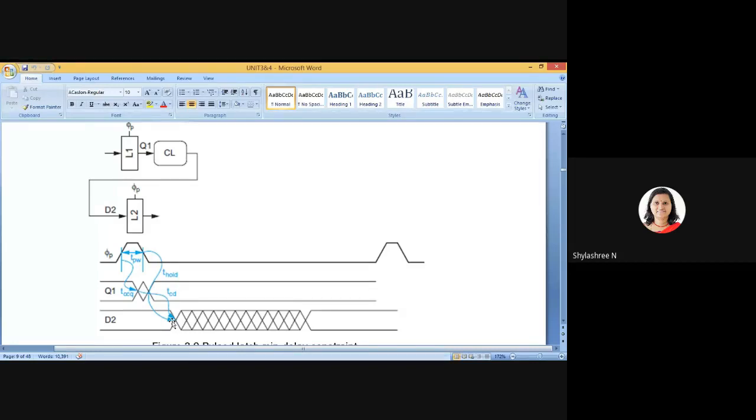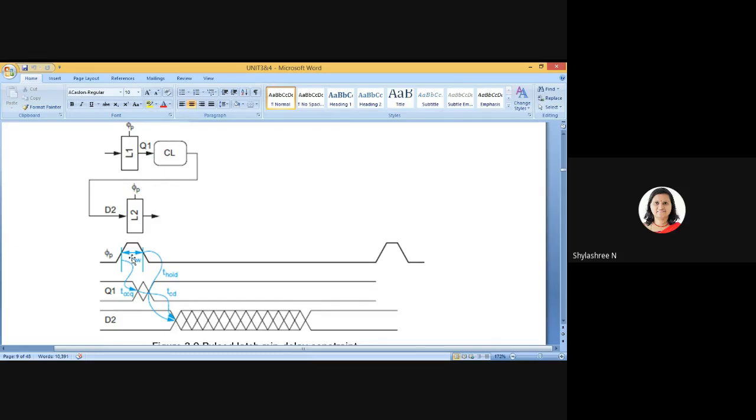The pulse width effectively increases the hold time of the pulsed latch as compared to the flip-flop, because it should hold the data for that particular duration.